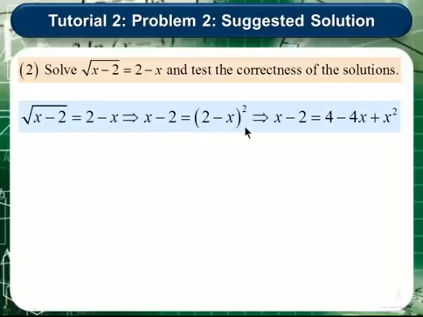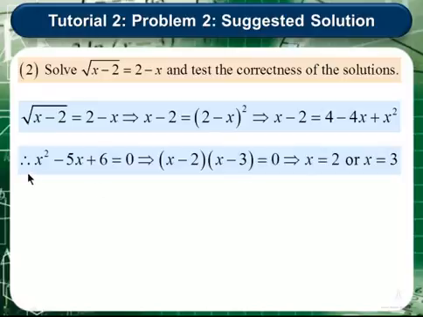Expanding the right hand side, we have then the equation x minus 2 is equal to 4 minus 4x plus x squared.